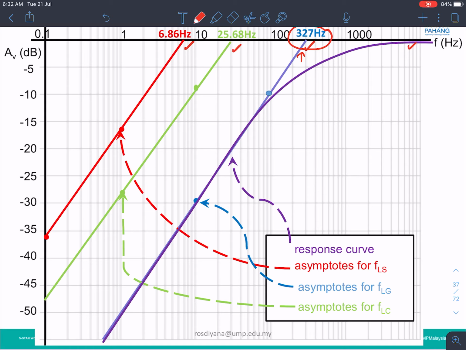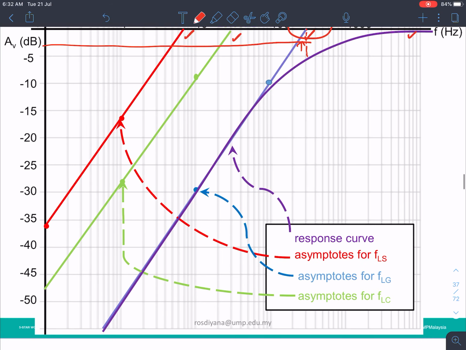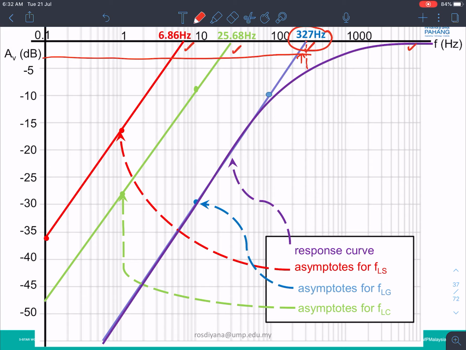And remember that negative 3 dB is somewhere here, don't forget about this. During this time, you get this curve. So that's all for the low frequency response. If you can sketch the asymptote and the curve nicely, it's done.